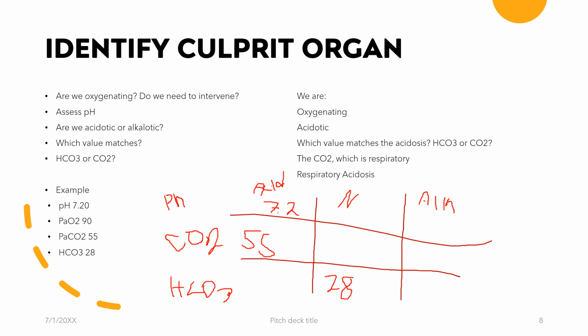Then we've got a respiratory acidosis. I told you guys the normal bicarb is 22 to 26. It is, but some facilities use 28. This was a really bad example, sorry. But this is what we want.